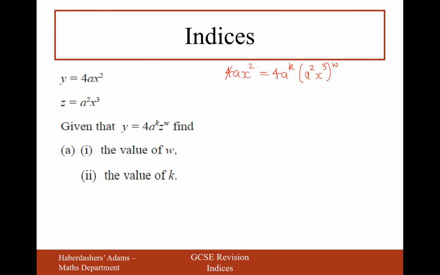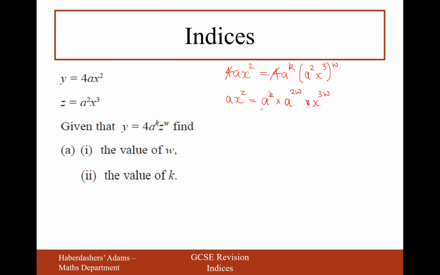So I can cancel out the 4 on both sides. So I've now got ax squared equals a to the k times, and now I'm going to expand the brackets here by multiplying the indices together, a to the power of 2w times x to the power of 3w.